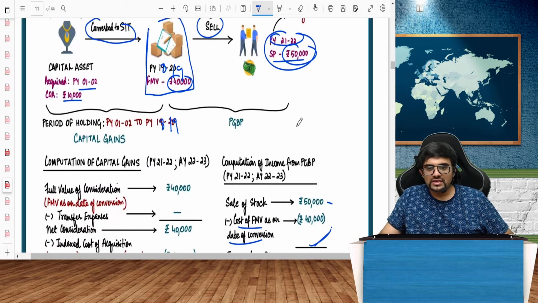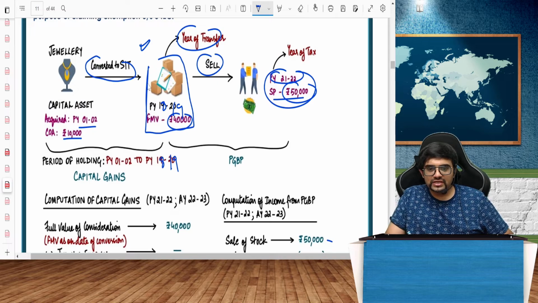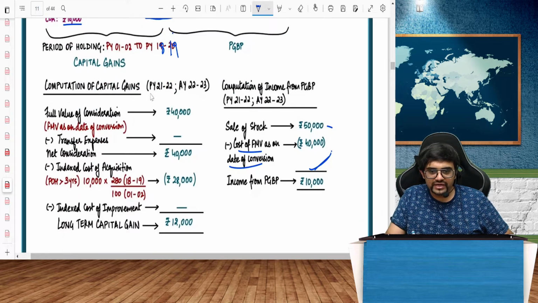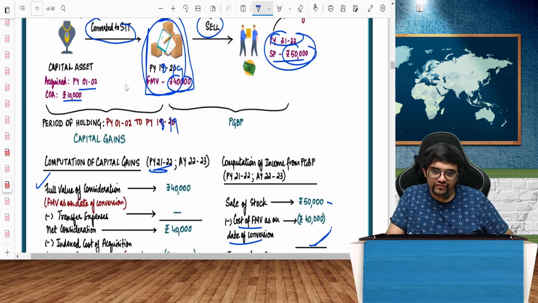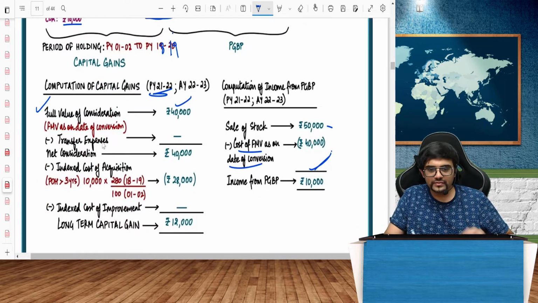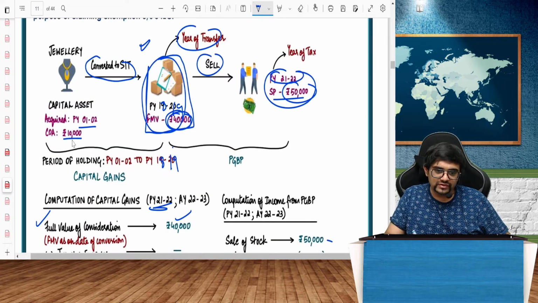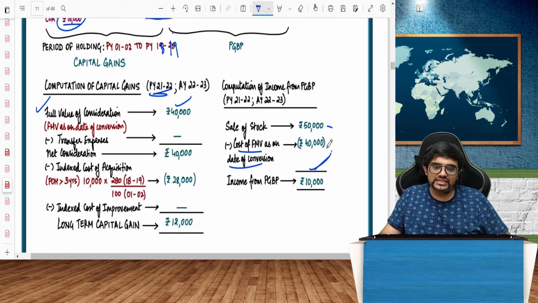But when will I actually calculate the capital gain? 18-19 or 21-22? I should calculate in 21-22. Full value of consideration: I should take FMV as on the date of conversion, 40,000. Transfer expenses not there. Indexed cost of acquisition: 10,000 into 18-19's indexation, 280 by 100, 28,000.